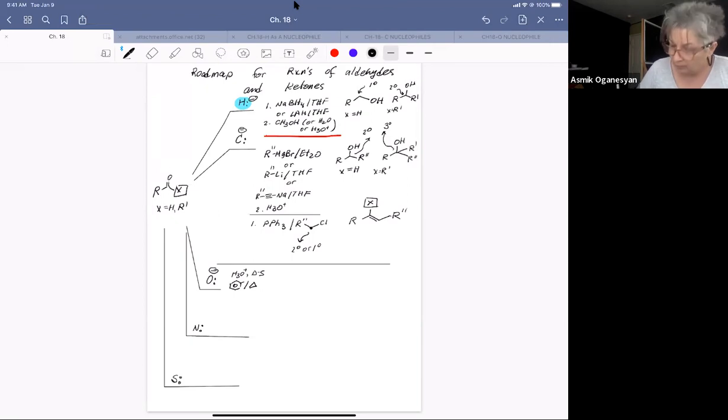Okay, with oxygen nucleophile, we're going to form ketal or acetal.